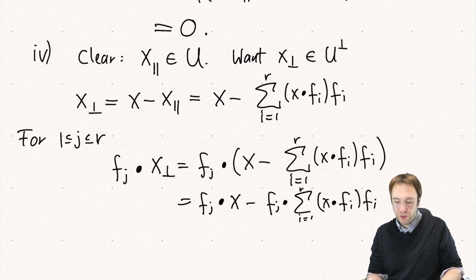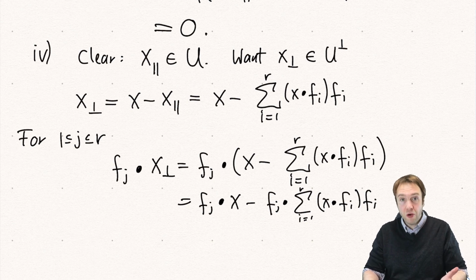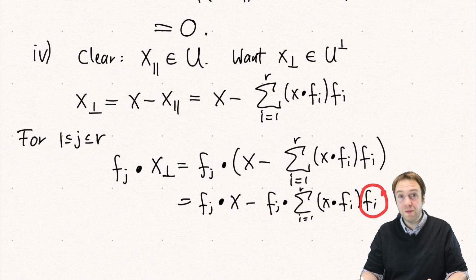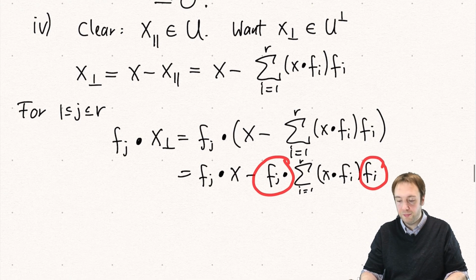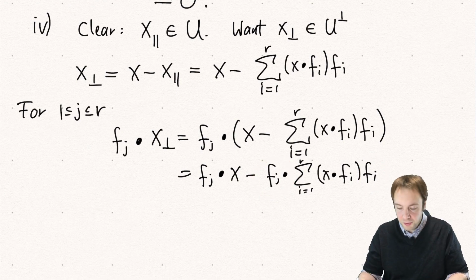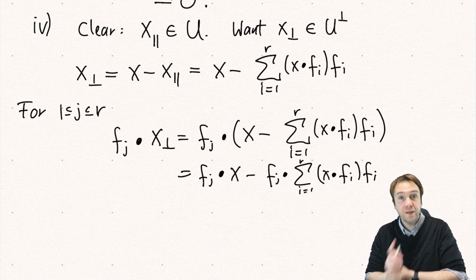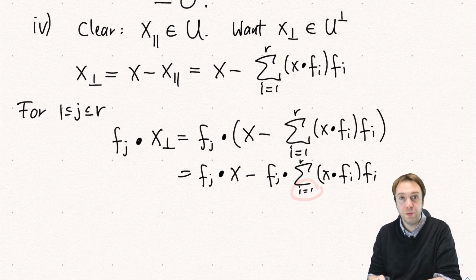And now we use that these fj are an orthonormal basis. This here is just a number, so if you take the dot product of this with this vector here, you can just put the number in front. So here you will take the dot product of fj with these fi's, and because they are orthonormal, this dot product will always be 0, except for the case when i equals j.